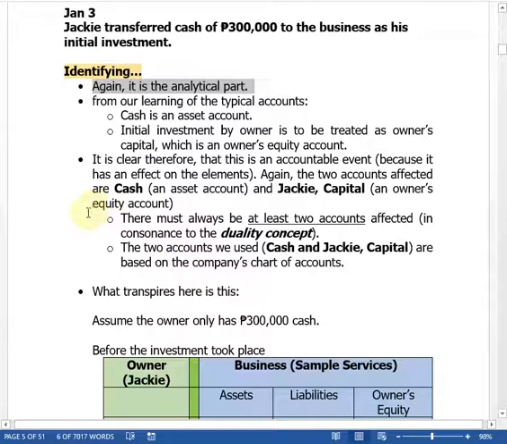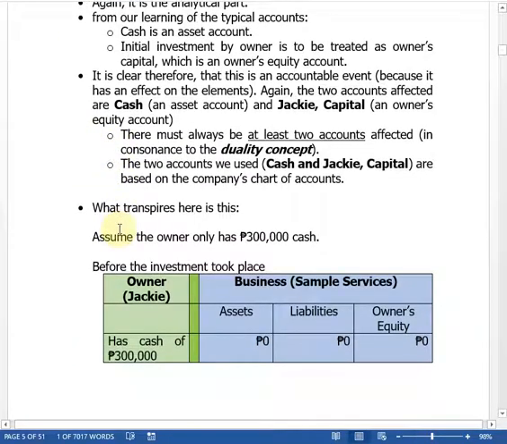If there are no elements affected, then that is a non-accountable event, like the first two transactions. So if the transaction is a non-accountable event, then the transaction cycle will stop with identifying. But if the transaction or the event is an accountable event, then it will have to go through to the next step in the accounting cycle, which is journalizing.